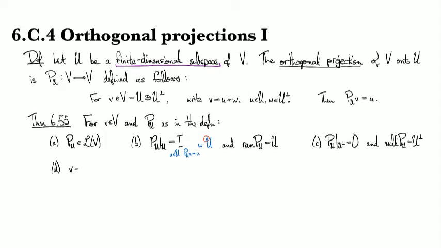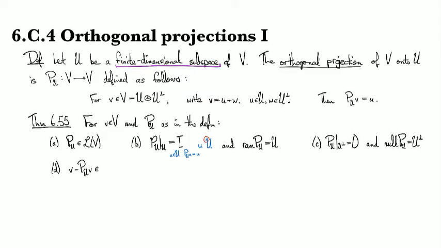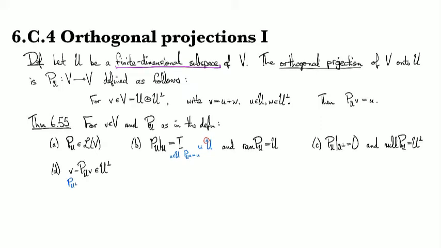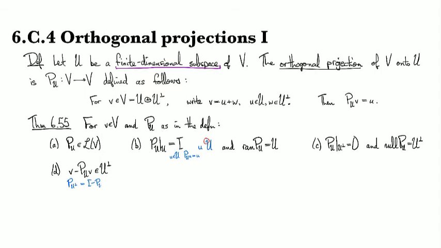Next, v minus the projection onto U of v is going to be in U perp. So in fact, this is how you define the operator: the projection onto U perp is identity minus the projection onto U. And that's one of the homework problems there somewhere.